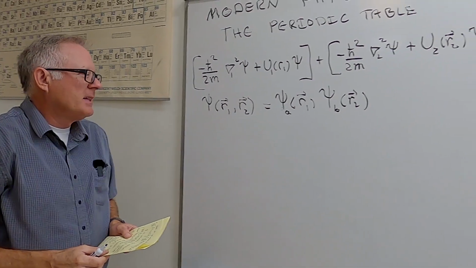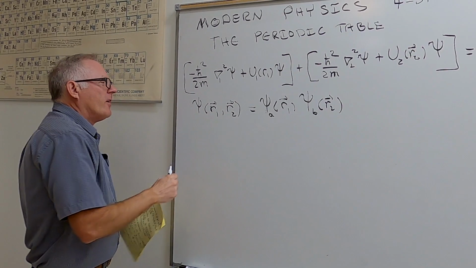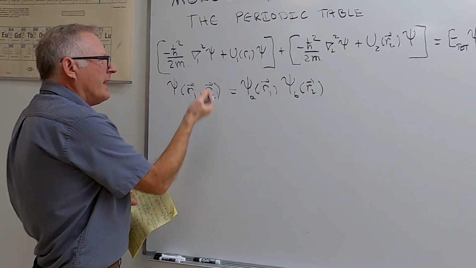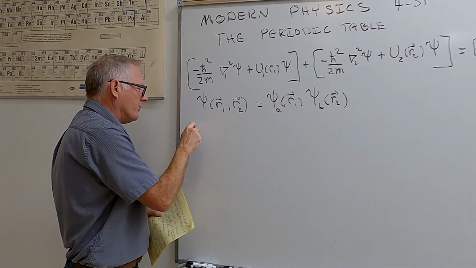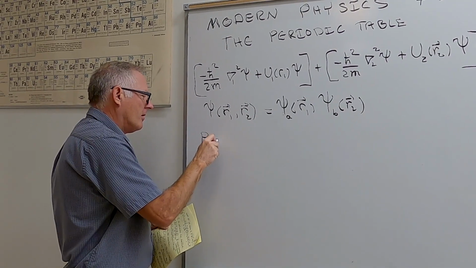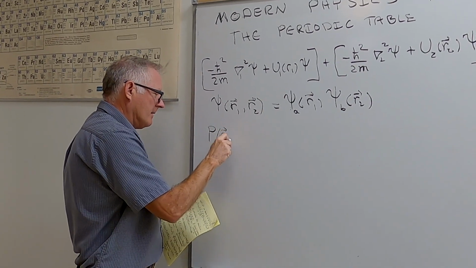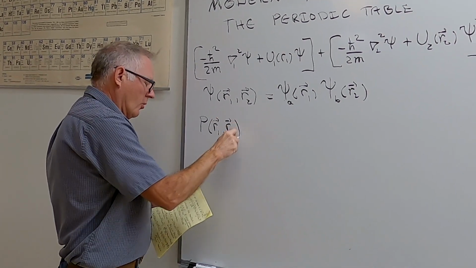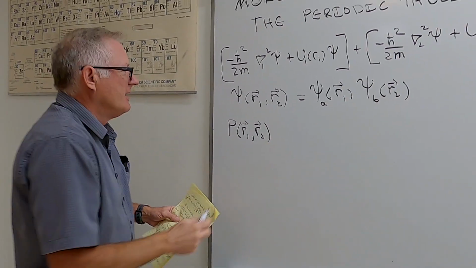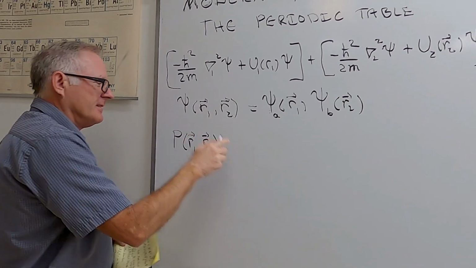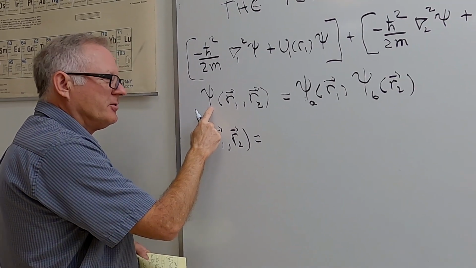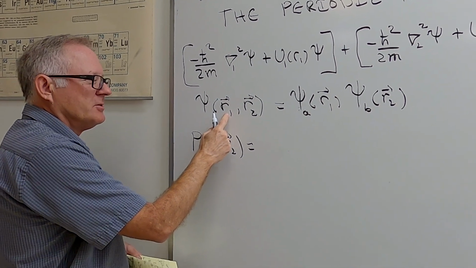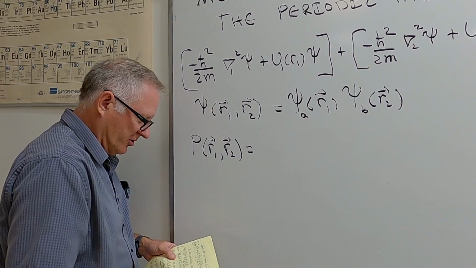Now the probability of finding electron 1 at position R1 and electron 2 at position R2, we know that it's just psi star. So this is the probability amplitude of finding the first electron at position 1 and the second one at position 2.